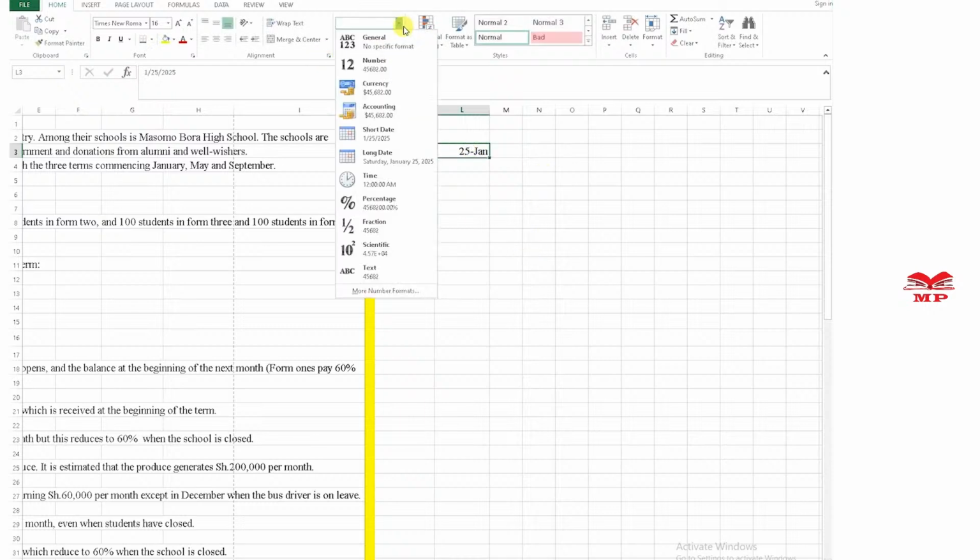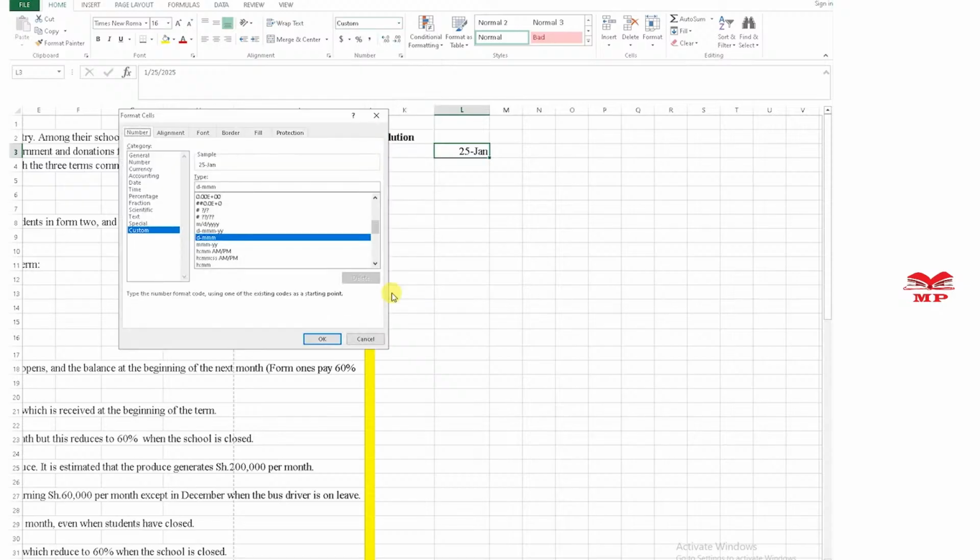So this is what I'll do. I'll come to custom, come to more number formats, and I'll look for the year and the month. This is day, month, year. This is day and month. I want the year. So we scroll down here.